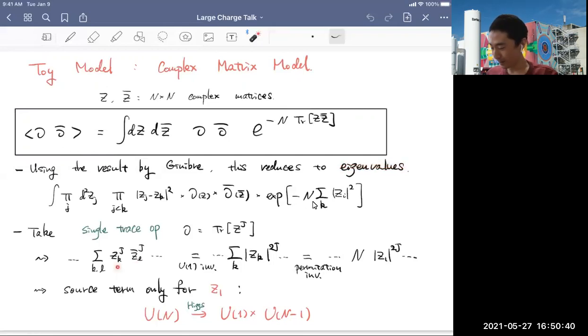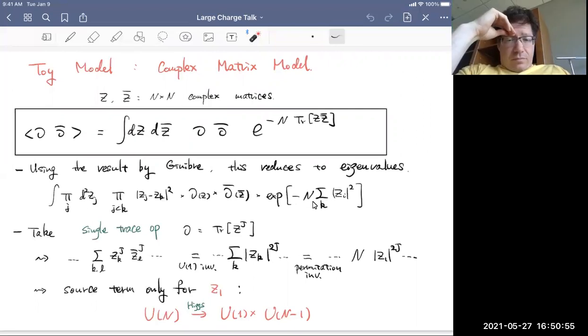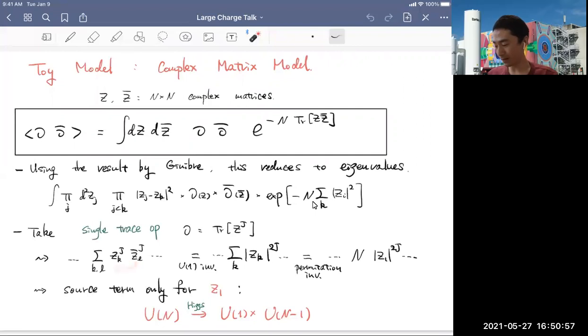If you look at the other parts, you see that they are invariant under the U1 rotation, which rotates Z in one direction and Z bar in the other direction. Because of that, the non-zero contribution basically comes from K equals L. That reduces the summation to one summation over K, and that gives you this expression.